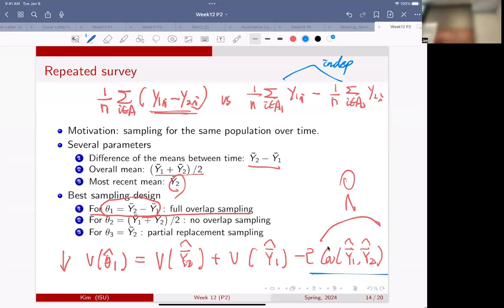If they are totally the same, then the covariance will be positive, so you reduce the variance. So the best design for estimating theta 1 is measuring the same people every year.